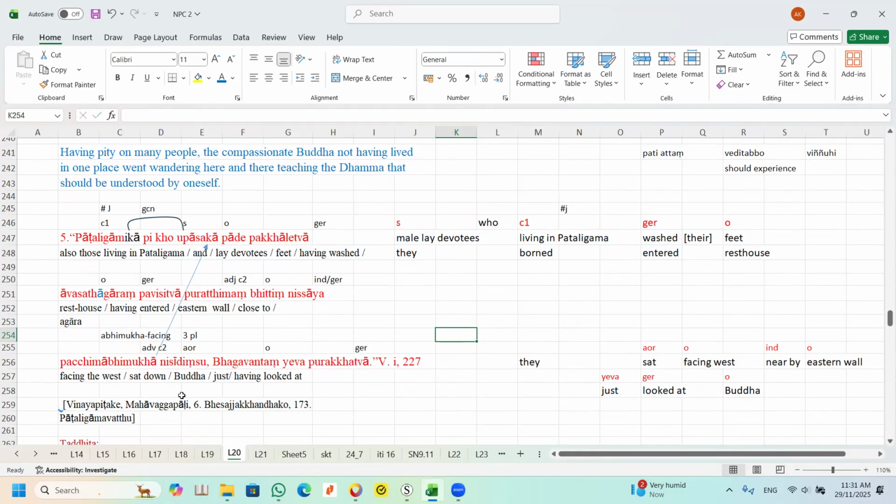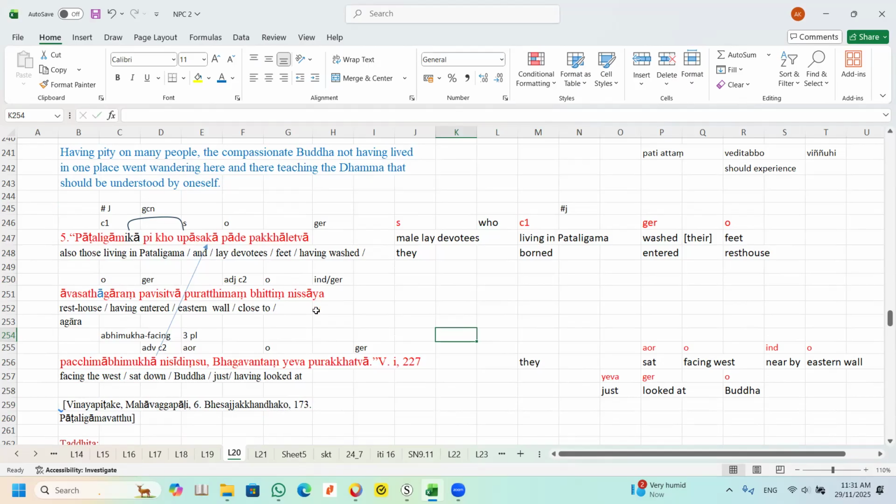They sat where? Can you see here? Pachima, plus Abhimuka. The word Abhimuka means facing west. They sat, can you see, this is plural, facing west. This is an object, facing west.